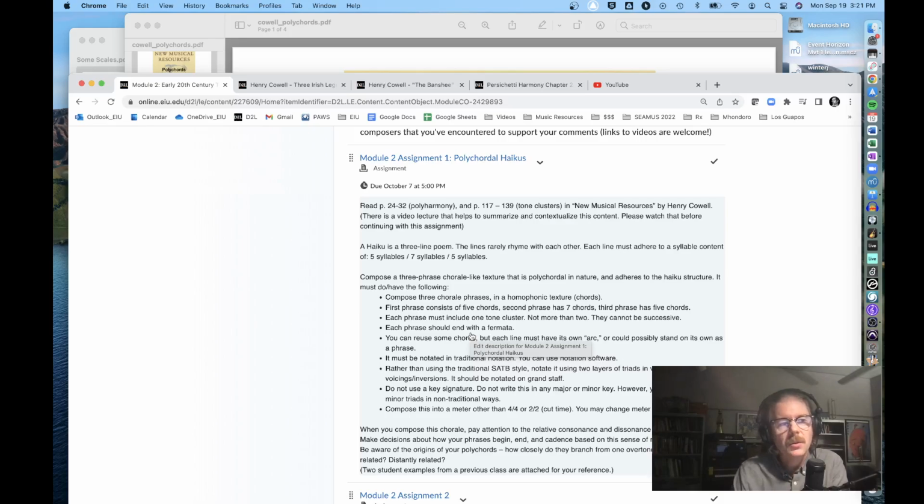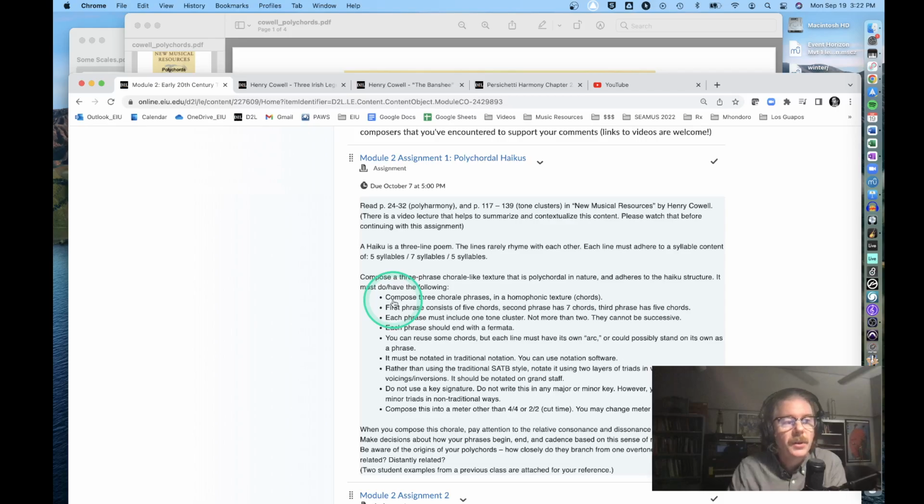I use the haiku as a model, as a way to give us a structure. If a haiku is 5, 7, and 5, it's basically three lines. We are also going to write 3 lines of chords. The first line will have 5 chords, the second line 7 chords, and the third line 5 chords. You're creating 3 phrases.